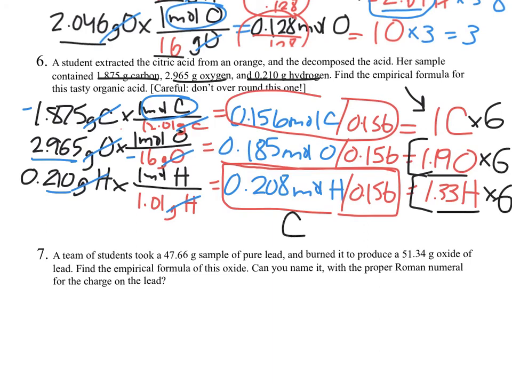So 1 times 6 carbon is 6 carbon. 6 times 1.19 oxygen is very close to 7. And then my hydrogen, 1.33 times 6 gets very close to 8 hydrogen. So C6O7H8.